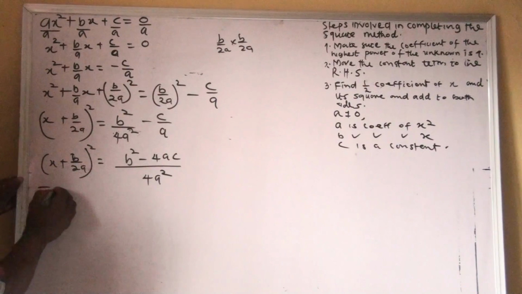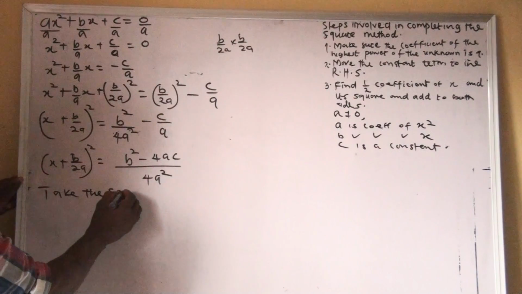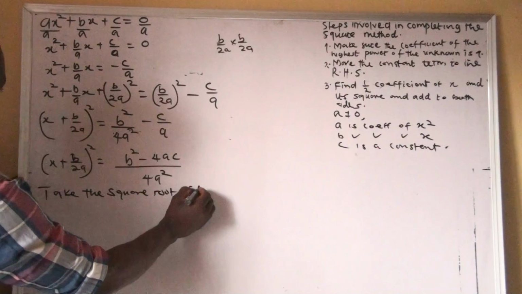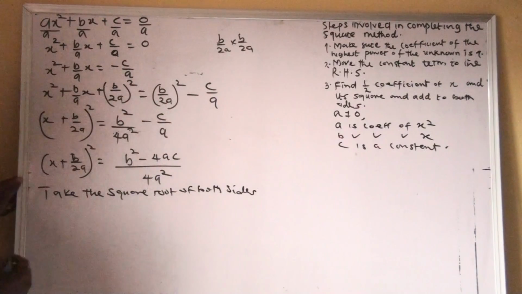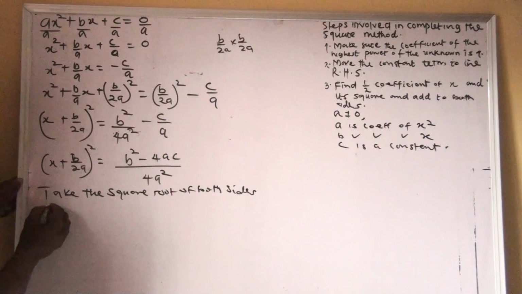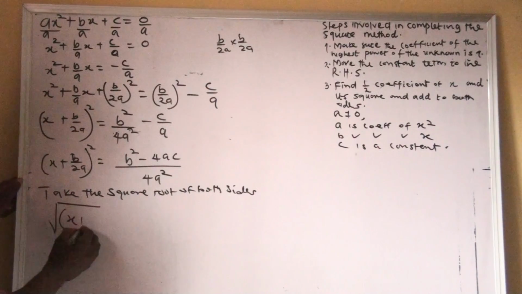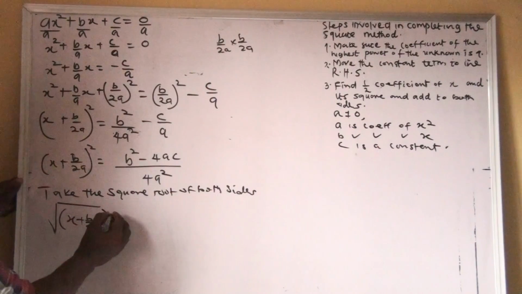Okay, then the next step is we say take the square root of both sides. And if we do that, this is what we simply mean by that. We are saying square root of both sides, x plus b over 2a all squared.